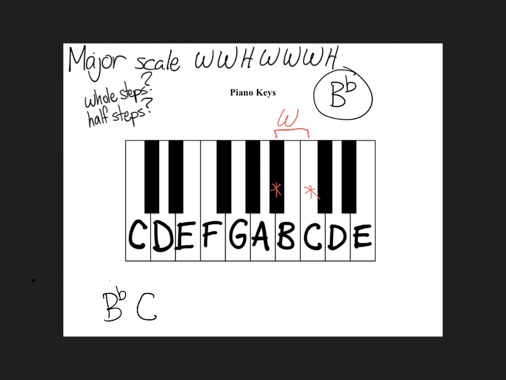Now we need another whole step from a C to a D. And then at this point, we need a half step. Now a half step from D is what note? That's right, kids. That is an E flat.